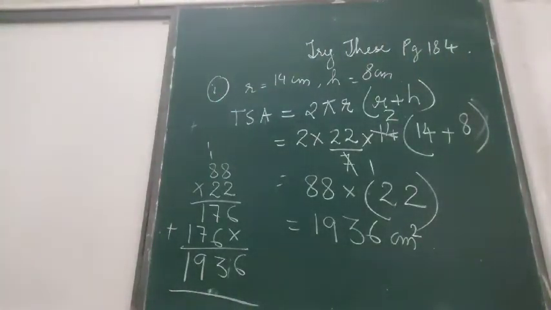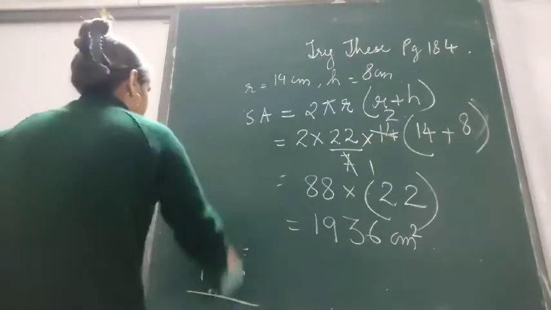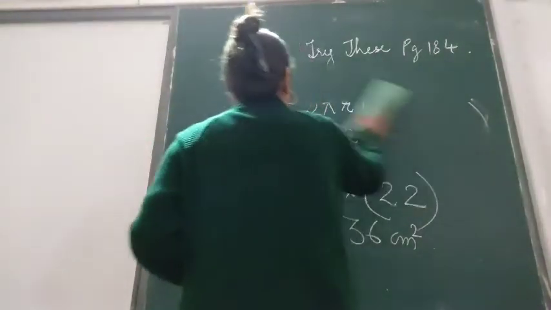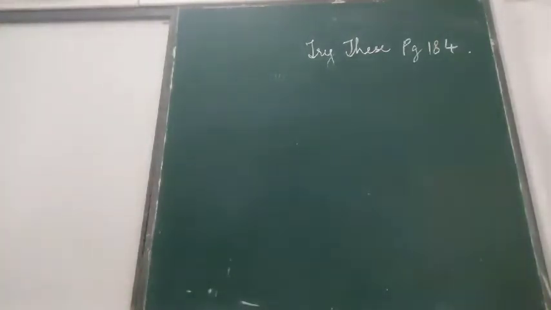Student, this completes the first one, the try these of page 184. Let's do the next one now. The next one where the height is 2 meters and the diameter is 2 meters.